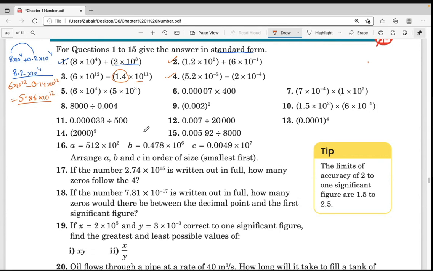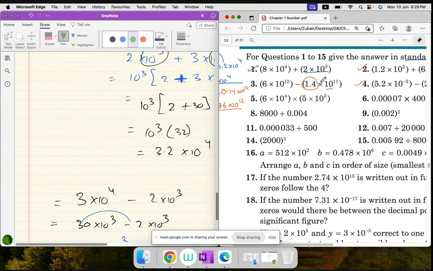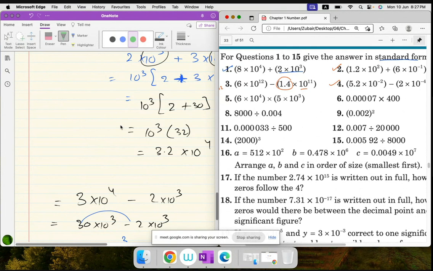Done question 2? And what are you getting, Haris? Sir, I am getting 120. 120 is correct, but what in standard form?